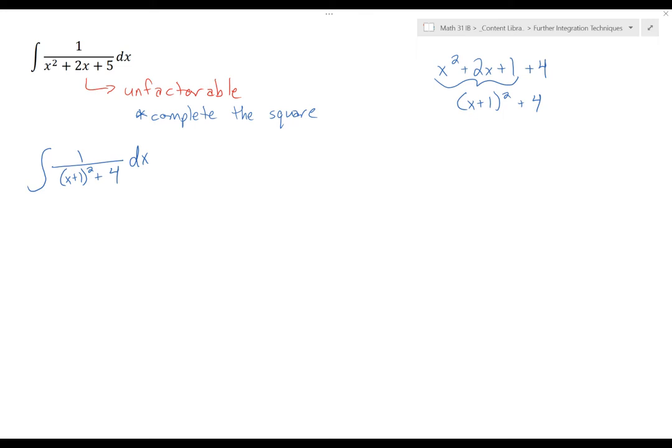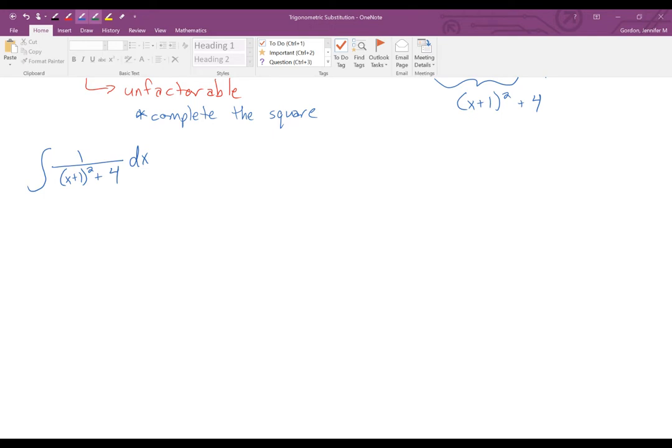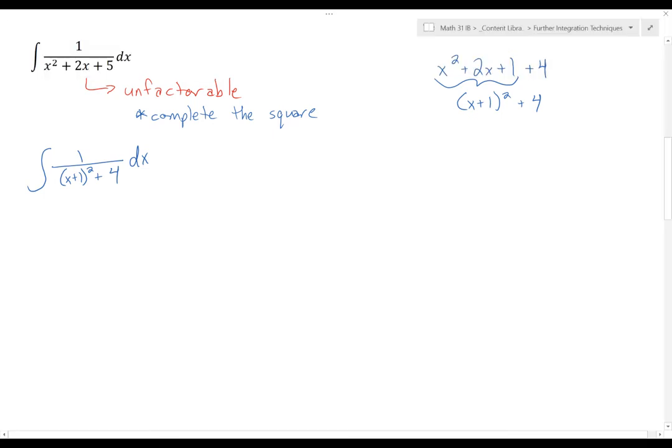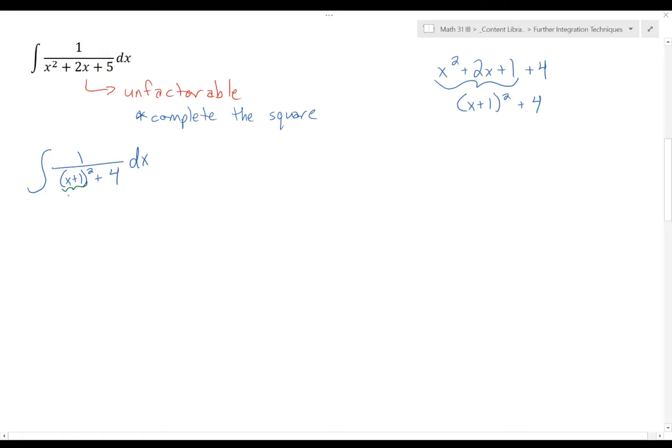Well, what I'm going to do is I'm actually going to say, okay, it looks very strongly like an arctangent form. So I am going to replace my variable in here with something involving tangent. So essentially the substitution that I'm going to do is I'm going to take this expression that is being squared, my expression in x, and I want that to instead be the tangent of something squared.